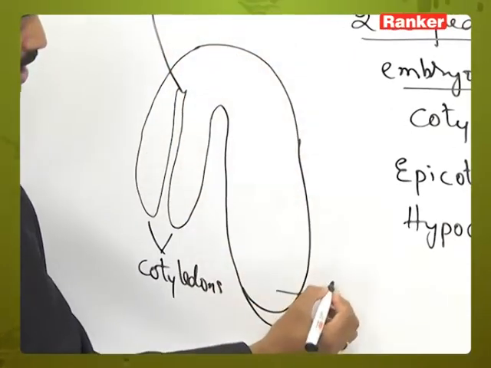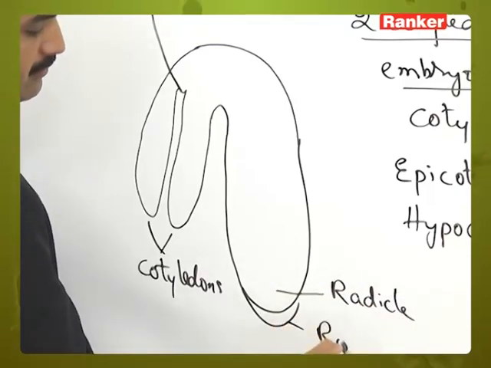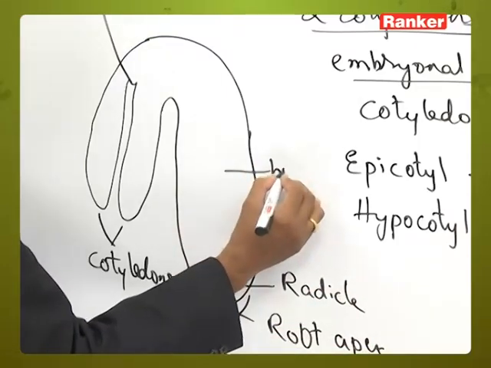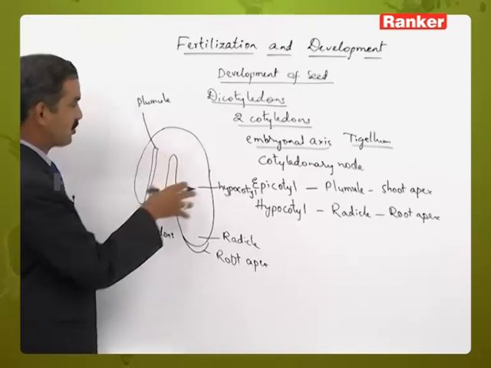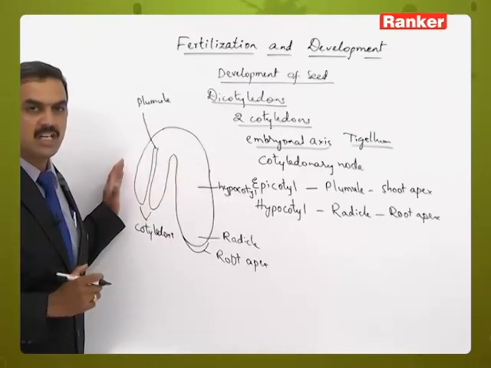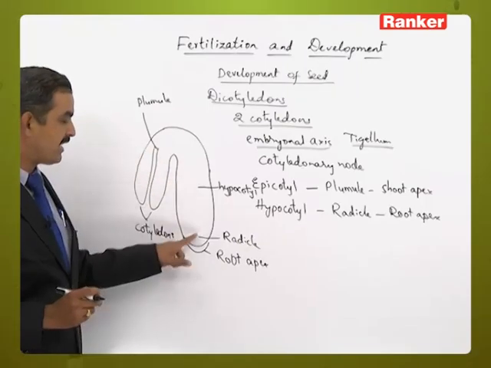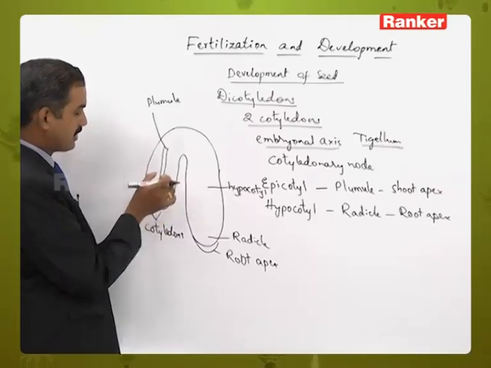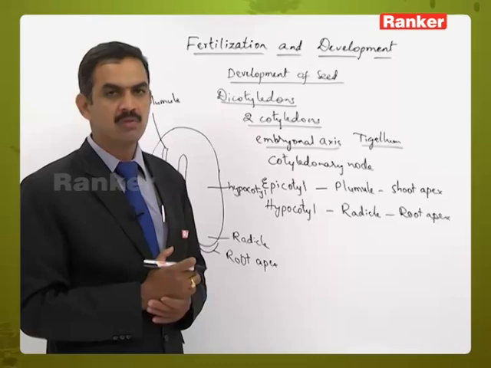So, this part is a radicle, the root apex, and hypocotyl. So, these are the structures that we can observe in the dicotyledonous seed. Two cotyledons, plumule, hypocotyl, radicle, and the root apex. In this, the fleshy structures present are called cotyledons, which are laden with a high amount of nutritive tissue.